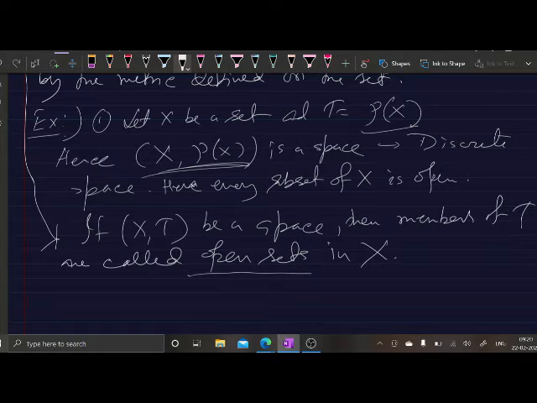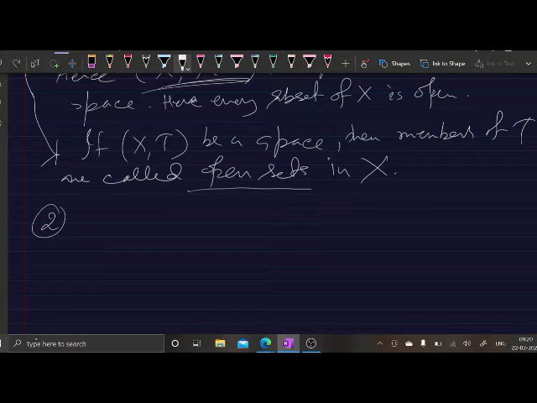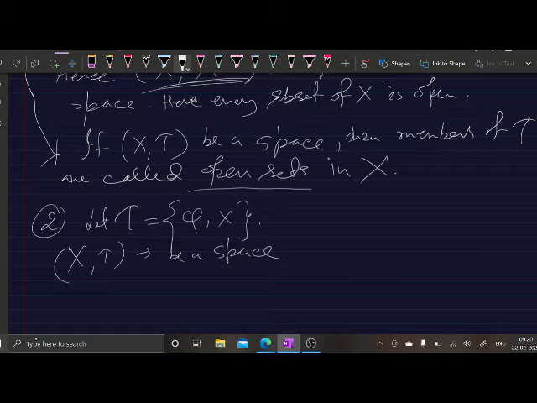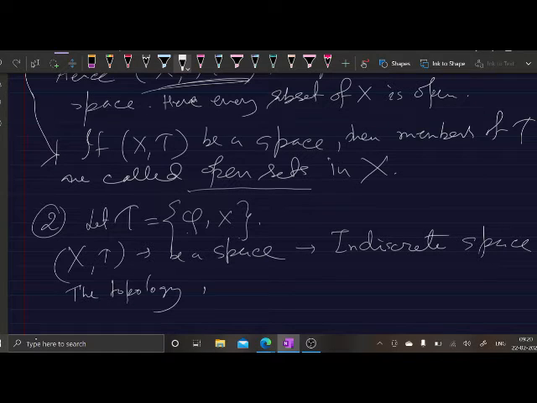Now in a similar way, suppose tau is simply this, then obviously this is going to be a topological space, and this is called an indiscrete space, because here the only open sets are phi and X. The topology is called the indiscrete topology, denoted by I.